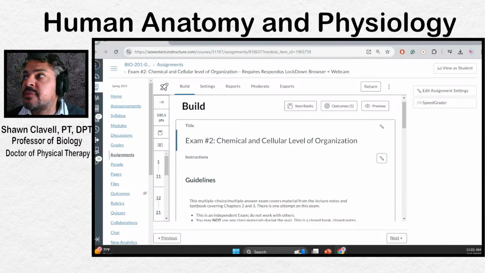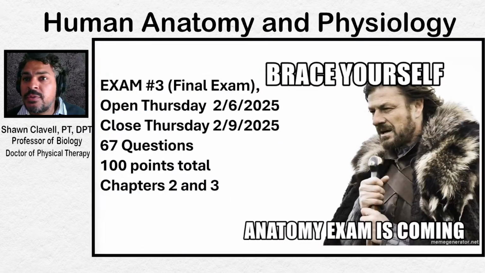And it's split up pretty evenly, so you'll have 33 or 34 questions for each chapter. Each question is going to be worth 1.5 points. Let me just do that math there.